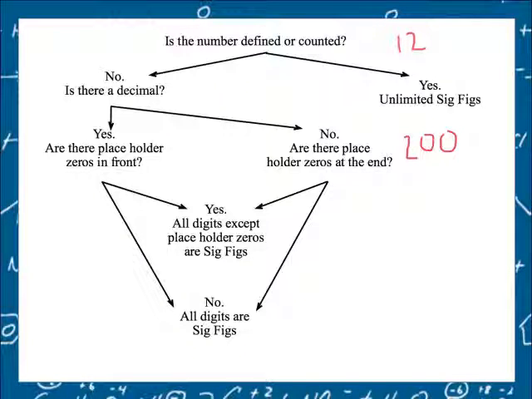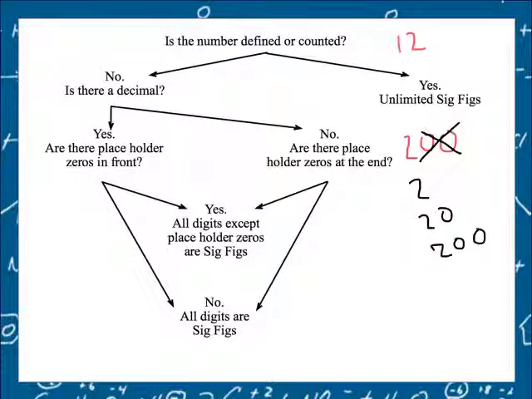If there are not any placeholders at the end, then you count everything. So basically, you want to avoid counting placeholder zeros. These are not significant figures. They're important because they tell you the difference between 2, 20, or 200. Those are important. They're just not measured values in this case.